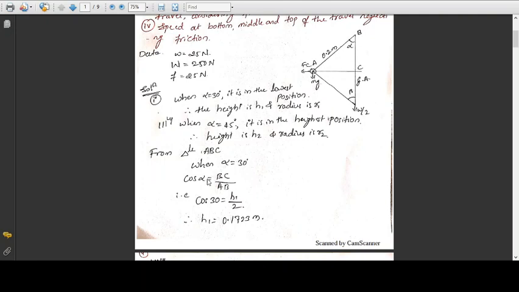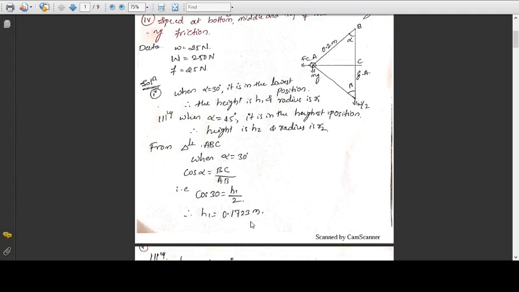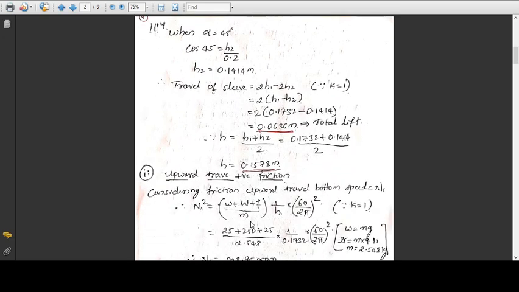So cos alpha equal to BC by AB, that is cos 30, because you know the value of alpha here is 30 degree, equal to h1. So BC is the height when alpha is 30 degree, radius of rotation is r1, and AB is 0.2 meter. When you substitute that, you will get h1 as 0.1723 meter.